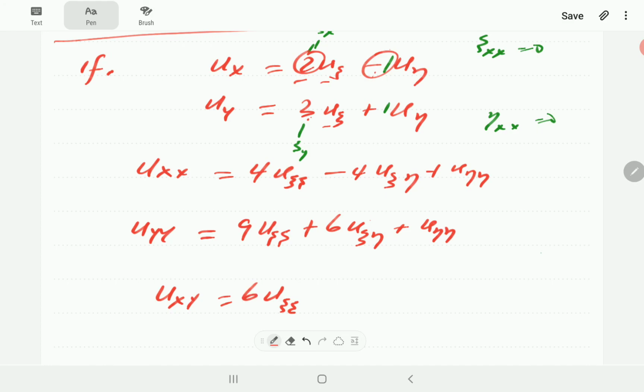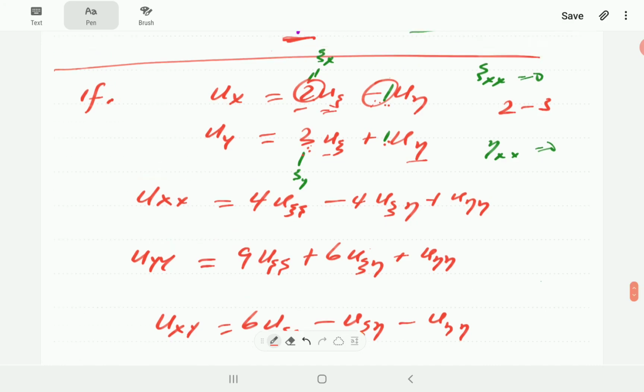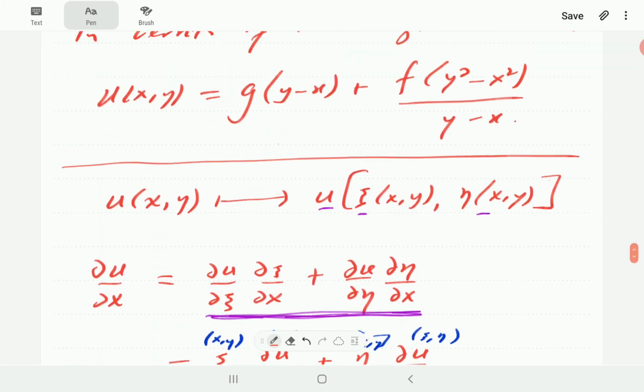Then for the mixed derivative term, you have got this and this: 2 times 1 is 2, and this and this, 3 times -1 is -3. So that one is going to be -1 u_xi_eta. And then this times this is -1 times 1, so it's going to be -1 u_eta_eta. All right, so that's basically how they work out.